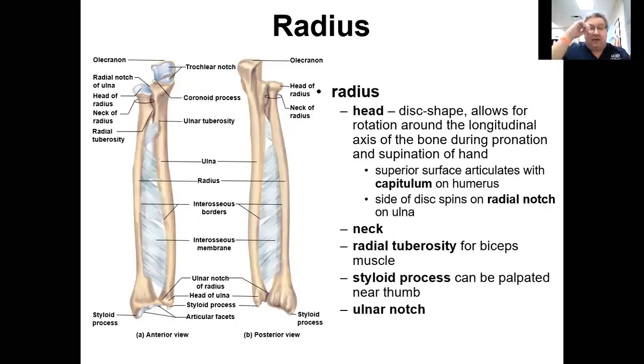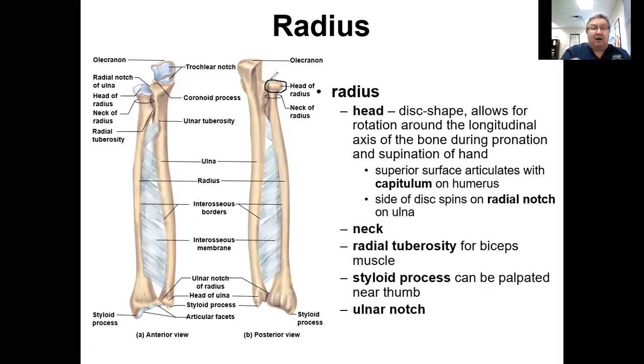Next bone is the radius bone. The radius bone, you will know the radius, like I said yesterday, from the head of the radius. This bone has a rounded head. This is the head of the radius. On the top of that head, there is an indent.